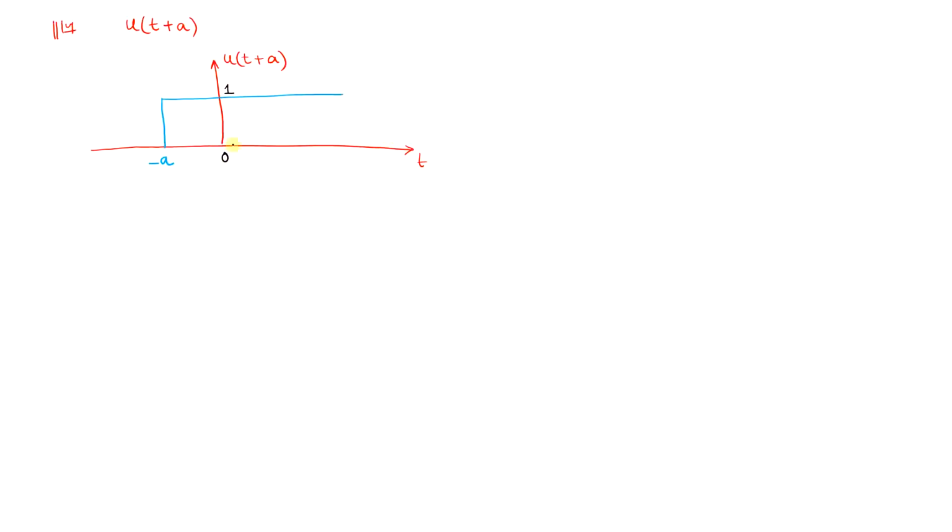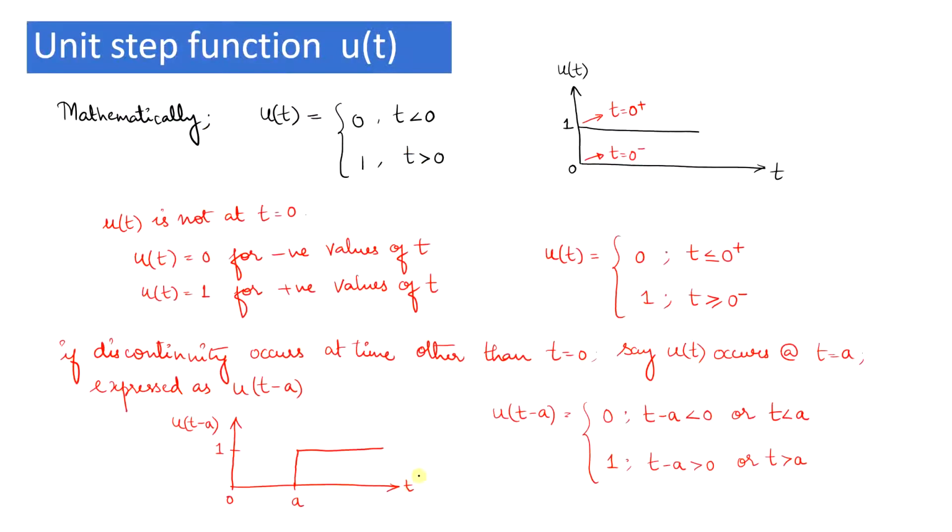So basically this signal u of t plus a can be mathematically written as equal to 0 for t plus a less than 0, or I can say t less than minus a, and equal to 1 if t plus a is greater than 0 or t is greater than minus a. So this signal is advanced by an interval of a, whereas this signal is delayed by an interval of a.